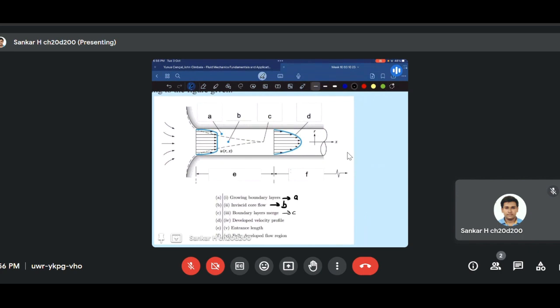And after this particular point, we see that the flow field is in fact fully developed.